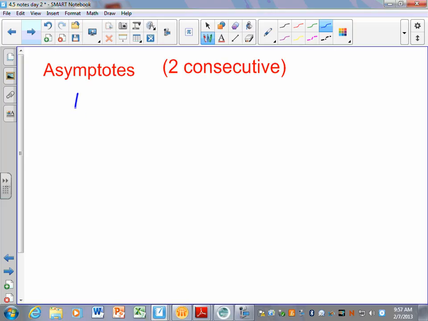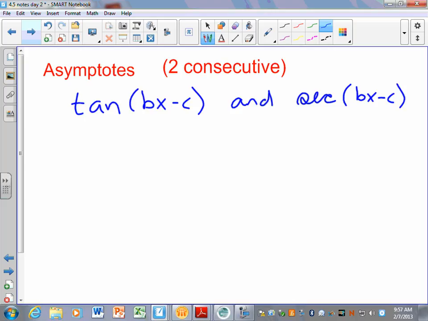So for tangent, I'm just going to write the bx minus c part. Tangent of bx minus c, and tangent is sine over cosine, so secant of bx minus c. They're going to have the same asymptotes, and how do I know that?